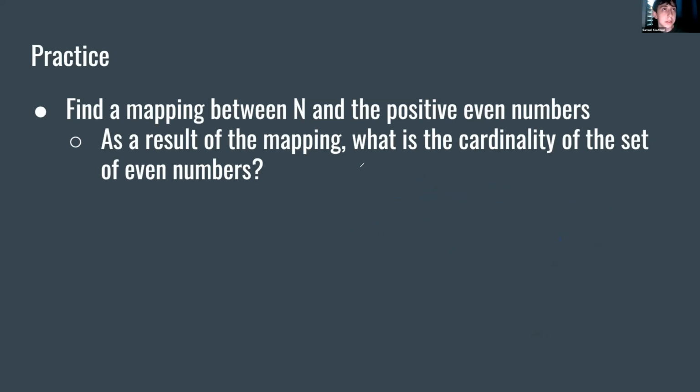But what you can also do is just say, here are my natural numbers, 1, 2, 3, 4, 5. And then I'm going to list my integers. I'm going to start with 0, and then go to 1, and then -1, and then 2, and then -2, and so on. So I'm just going to list every integer by alternating positive and negative. Even though this isn't a mathematical correspondence, it's another way to show that the integers are countably infinite. So if you can list something, it's countably infinite.